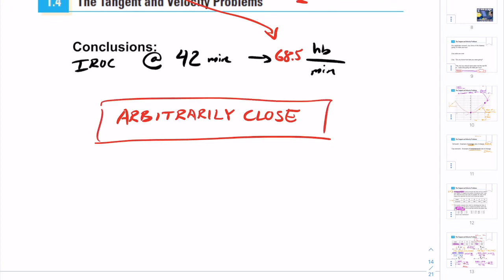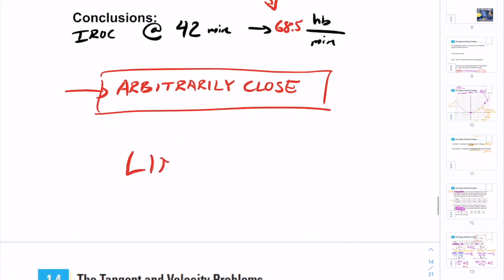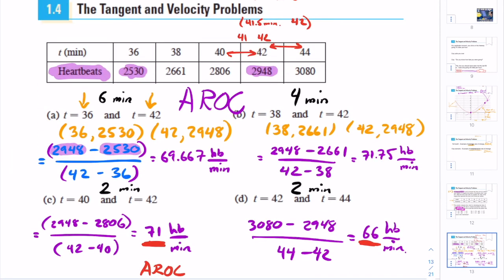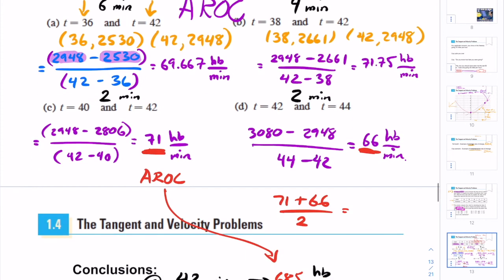We want to get as arbitrarily close as possible. Do you guys remember where we got this phrase from? Right? That's the whole concept of limits. Okay? Based on this problem, we couldn't get as arbitrarily close as possible, so we picked the two closest points. They were equally distant, so we had to average them out. Okay?